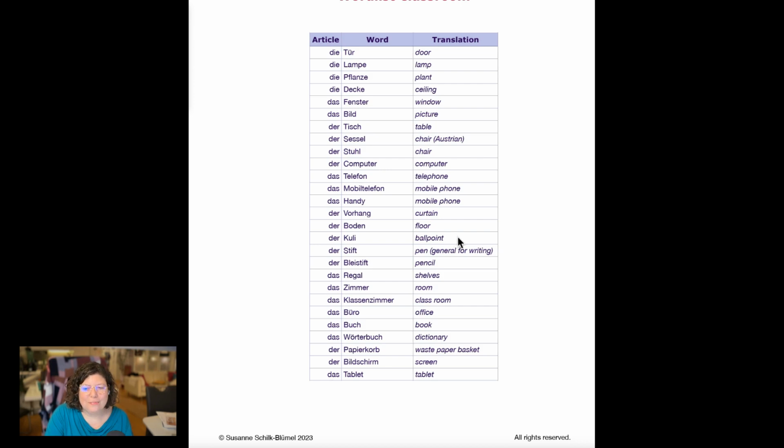Ballpoint. Pen. Pencil. Shelves. Room. Classroom. Office.